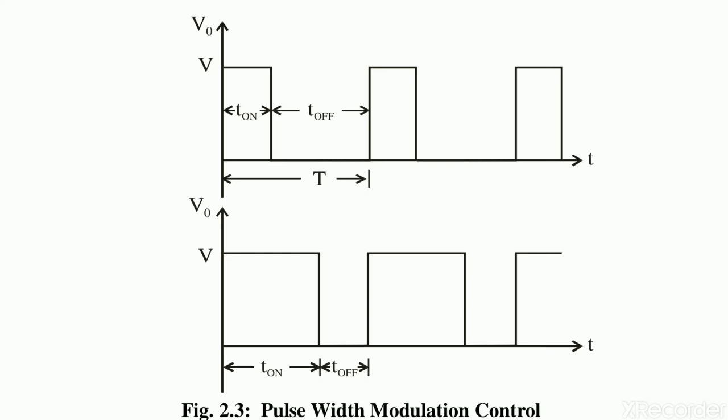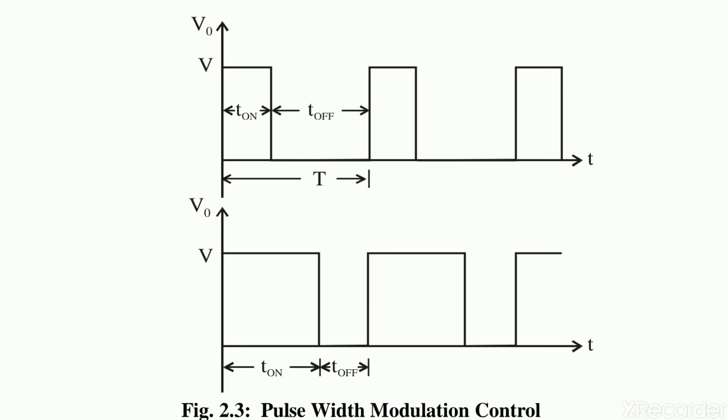Also in the second diagram, T off period is very low and T on period is high. So the output voltage we get across the load is more, as we get output voltage only for the T on period. As the T on period is high, there will be more output voltage across the load, and for the T off period there will be no output voltage.